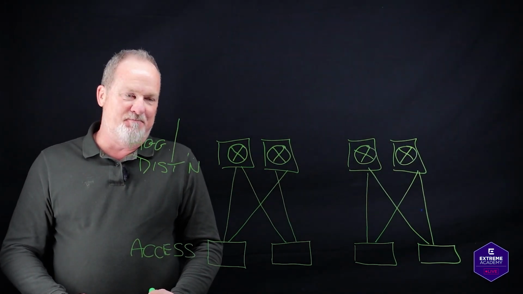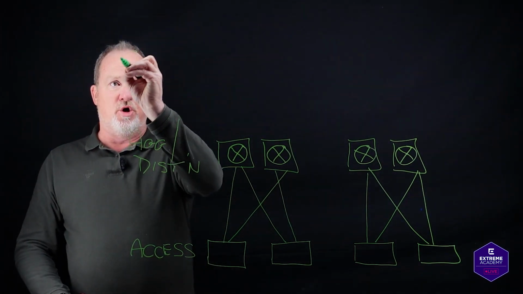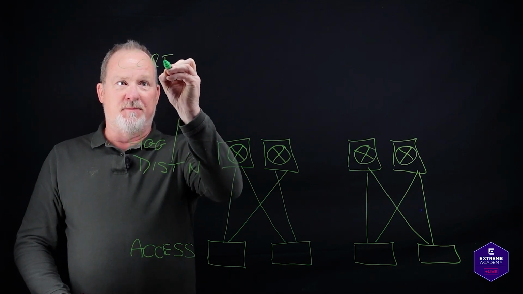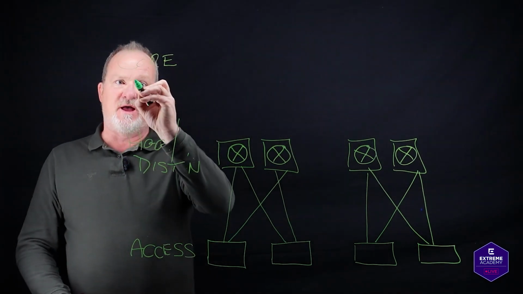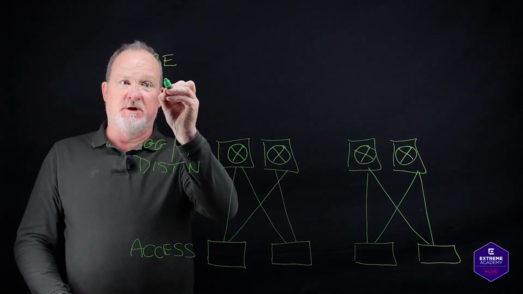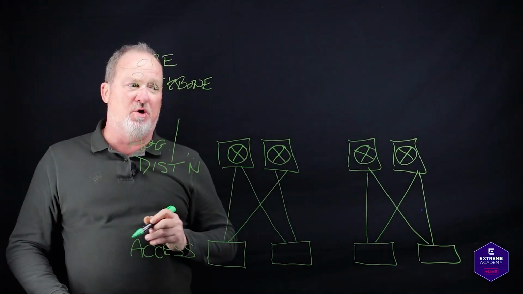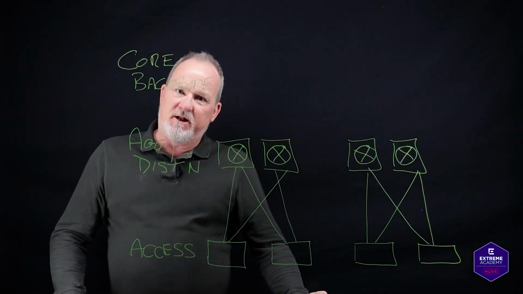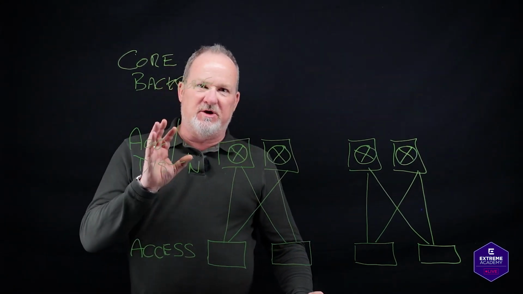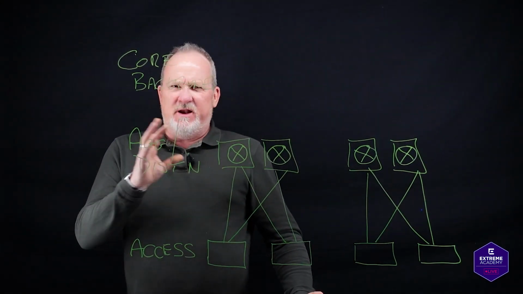Now, the third tier is sometimes referred to as the core, but most commonly referred to as the backbone. And I've got to say, the main purpose of the core or the backbone is pedal to the metal. Generally, the core or the backbone is fairly dumb.